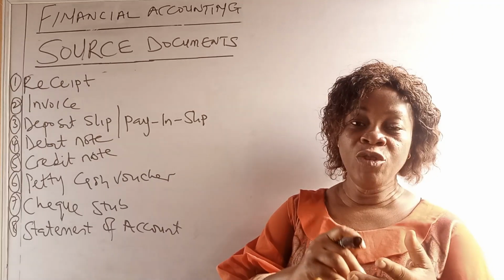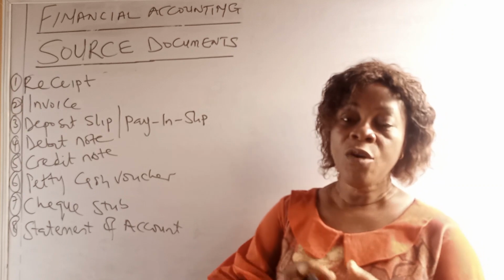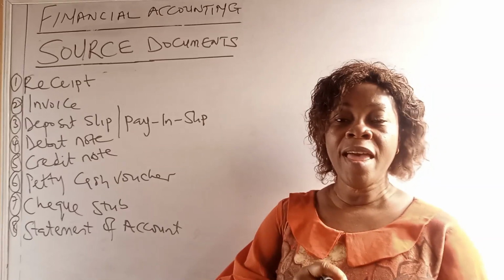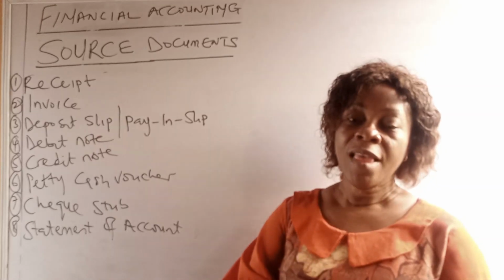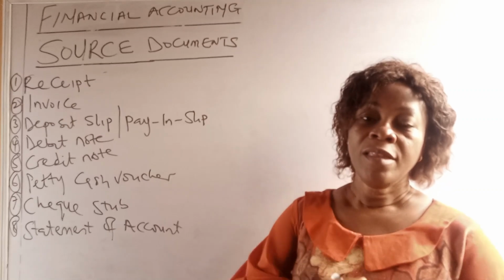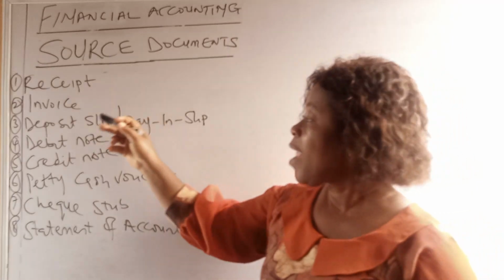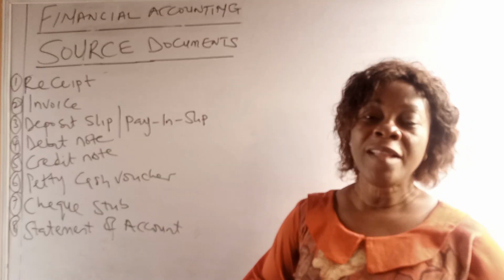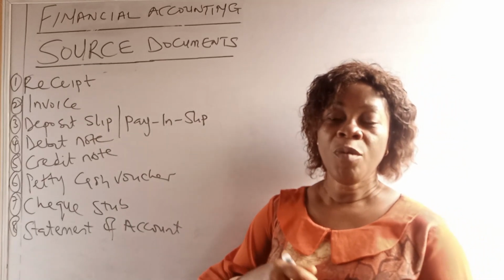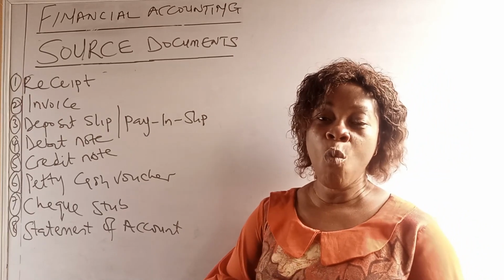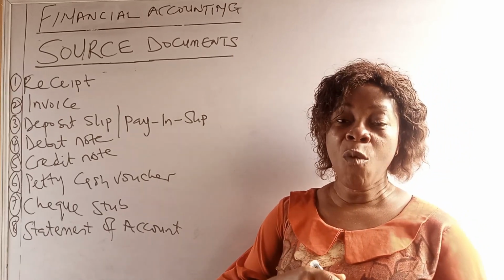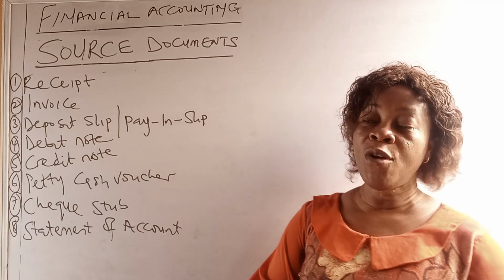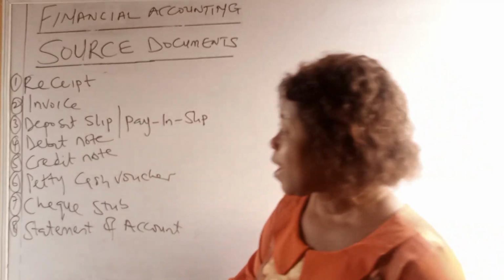It contains the unit price and the total price of the goods sold. It contains the terms of payment, unlike the pro forma invoice that is issued by the seller to the buyer whenever the buyer wants front payment for the goods sold.